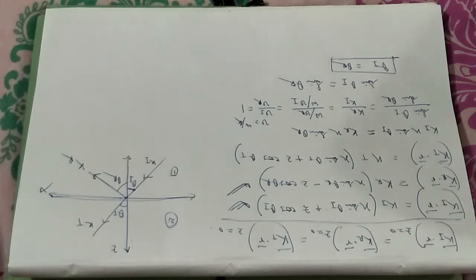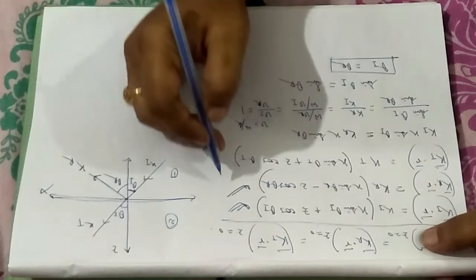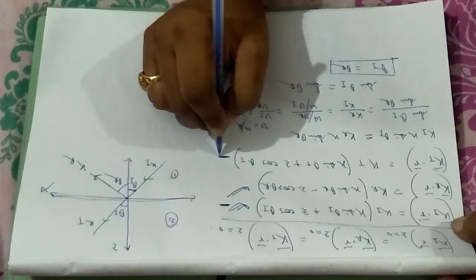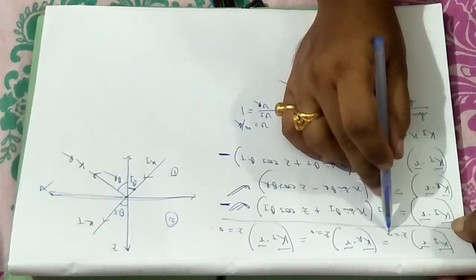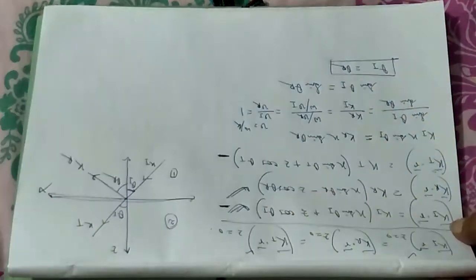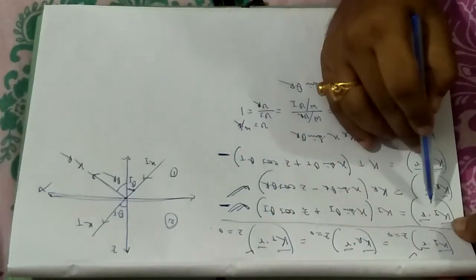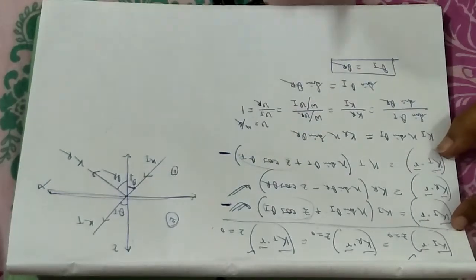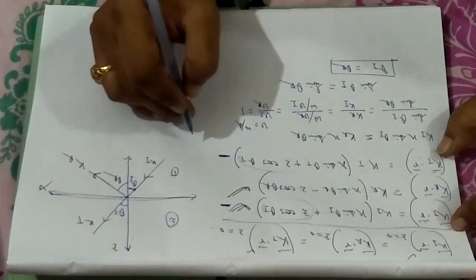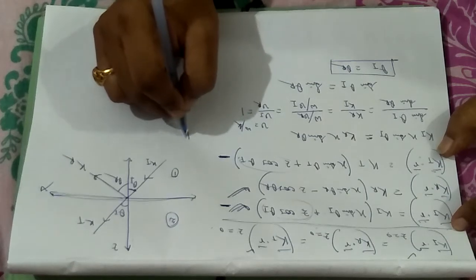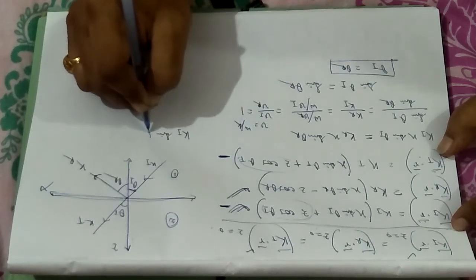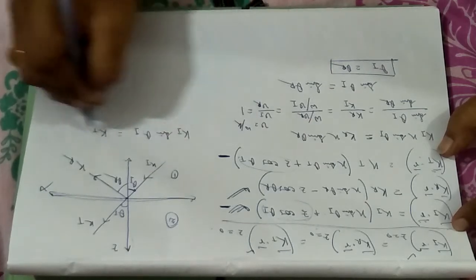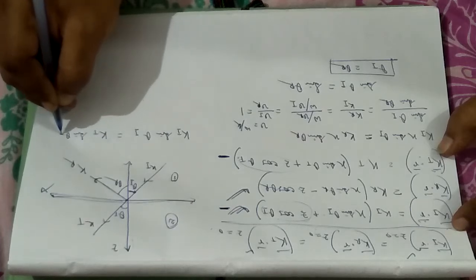Now we will try to prove Snell's law. Now we are again considering this equation for the incident ray and the transmitted ray at z equals to 0. So I am equating this to that one. Now see, at z equals to 0, this component will vanish and this component will vanish. So from these two equations, we can write ki sin theta i will be equal to kt sin theta t.